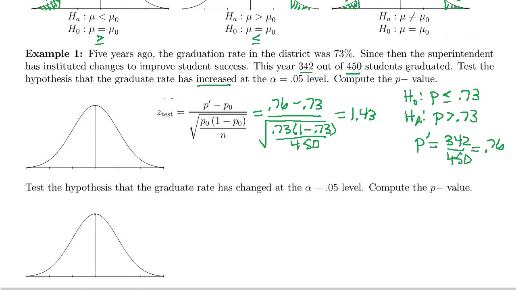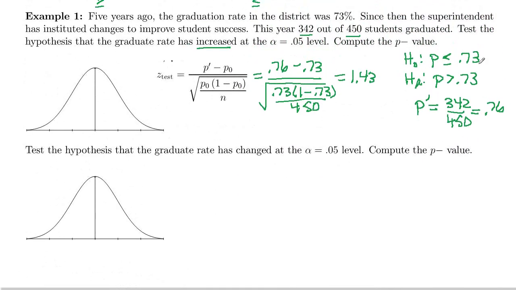So here's our sampling distribution. We've got 0 in the middle. So 1, 2, 3 to the right. So 1.43 would be about right here. And so the p-value is going to be the area past that 1.43. And we can find that with normal CDF.